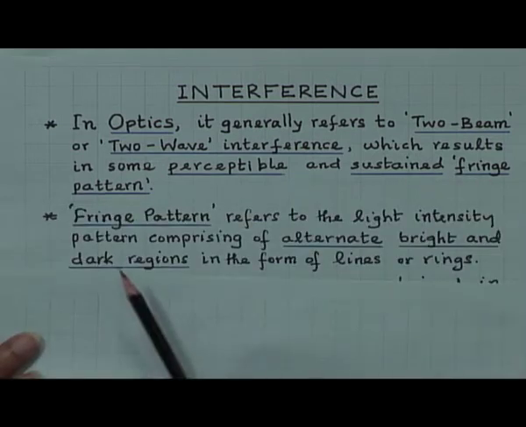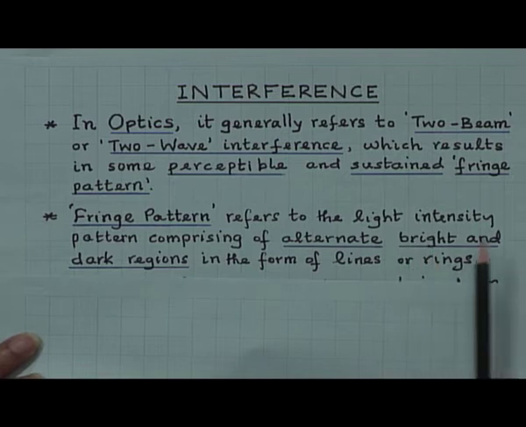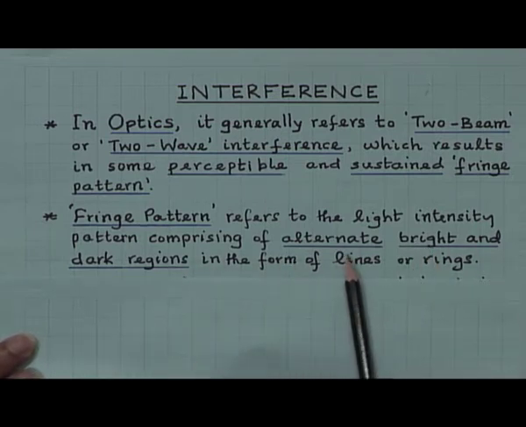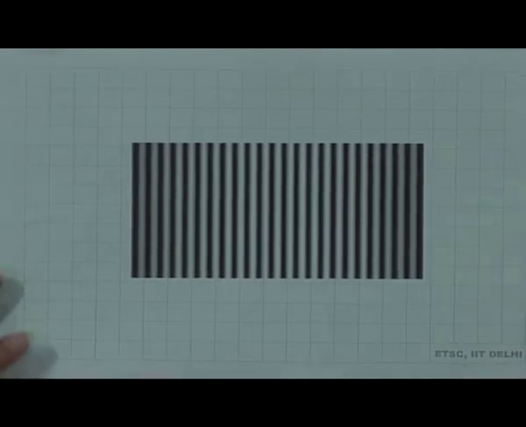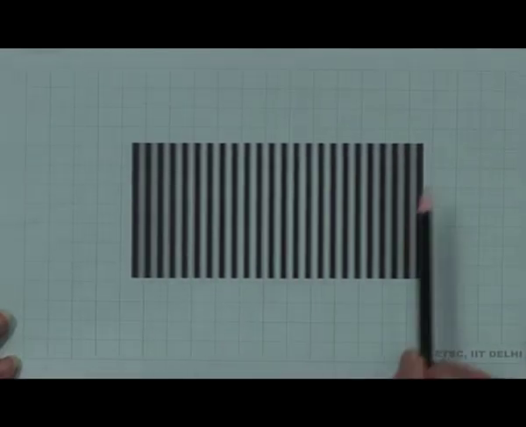A fringe pattern refers to the light intensity pattern comprising alternate bright and dark regions in the form of lines or rings. For example, let me show a typical fringe pattern. So, here is a fringe pattern which is a linear fringe pattern.